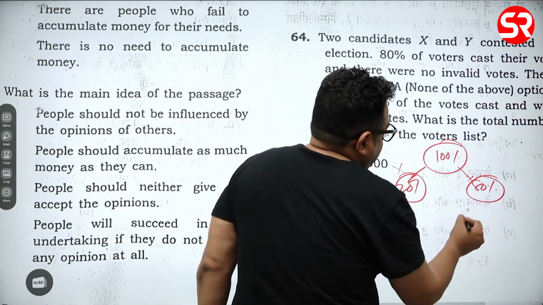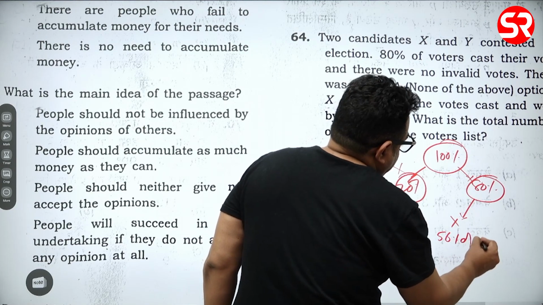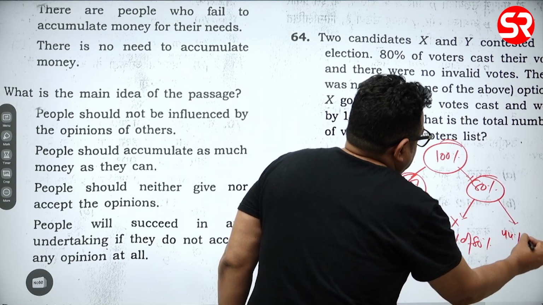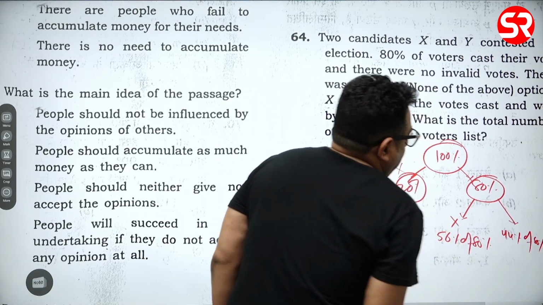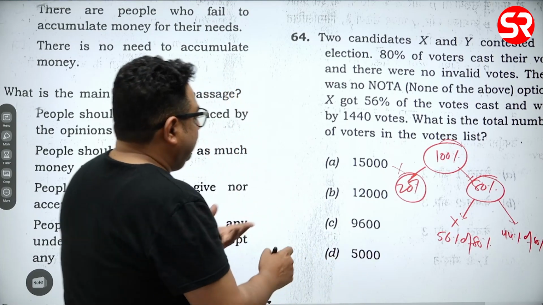So guys, X got 56% of 80%. So how much did Y get? 44% of 80%. You are my student, you know this. So what is the difference between X and Y?